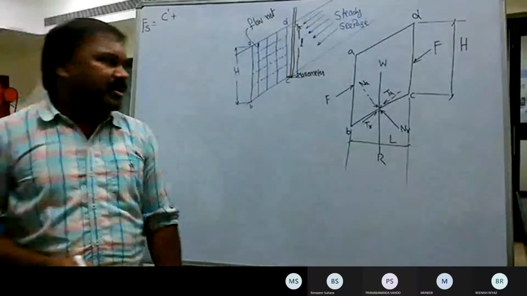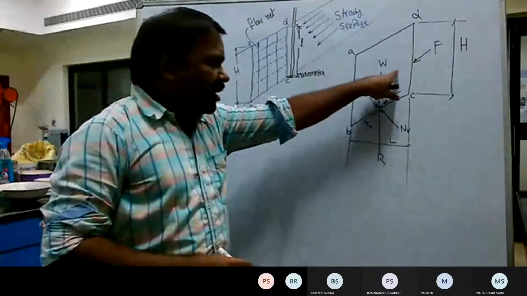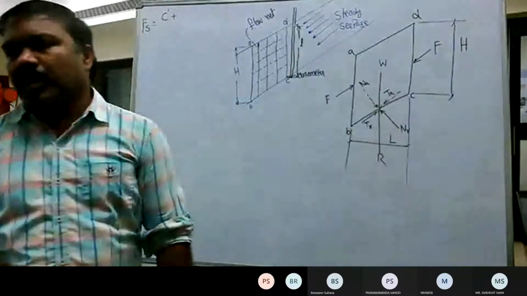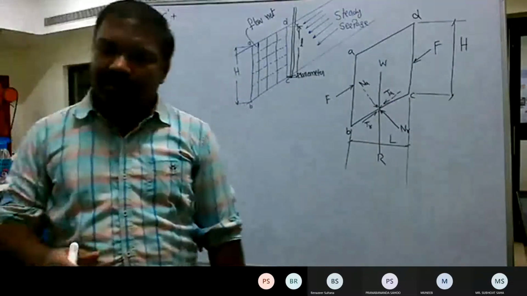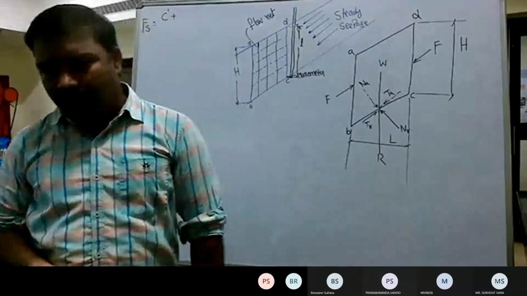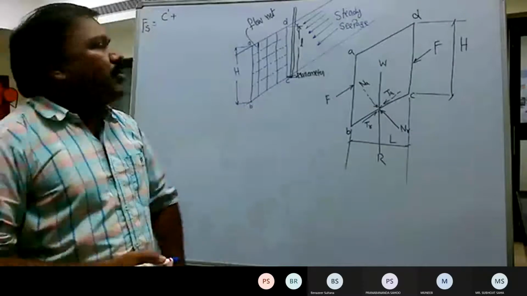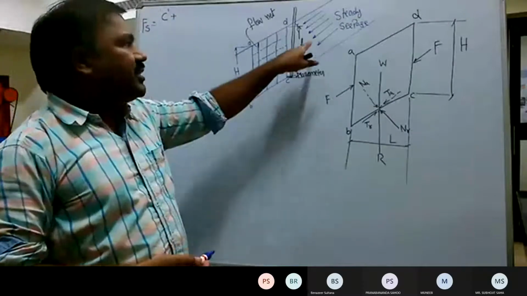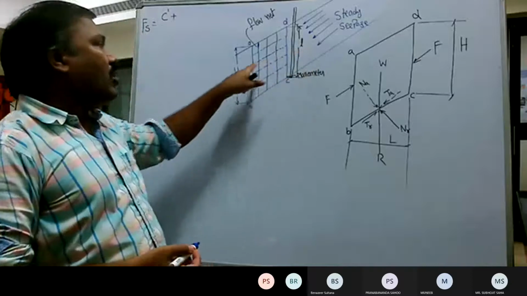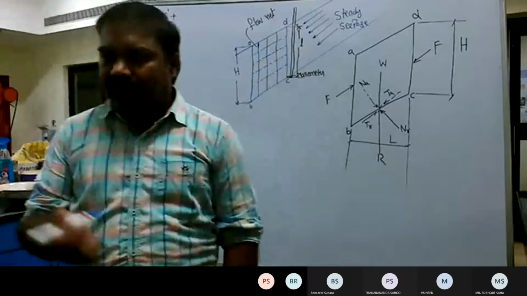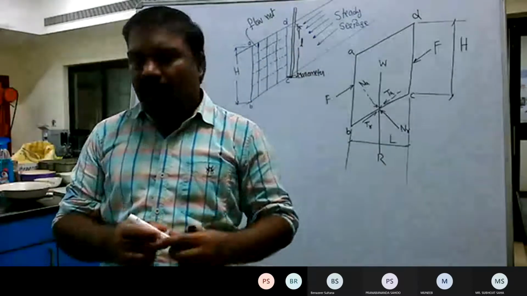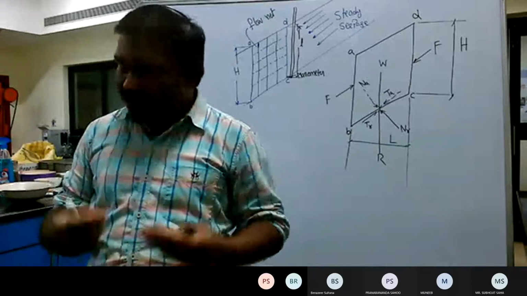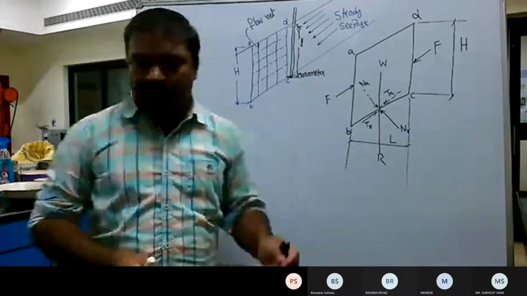Just imagine. In the previous class, we discussed the dry condition where gamma is nothing but gamma D or gamma bulk. But what will happen to the factor of safety if there is a steady seepage all along the direction against the counter reaction offered in the form of shear strength?